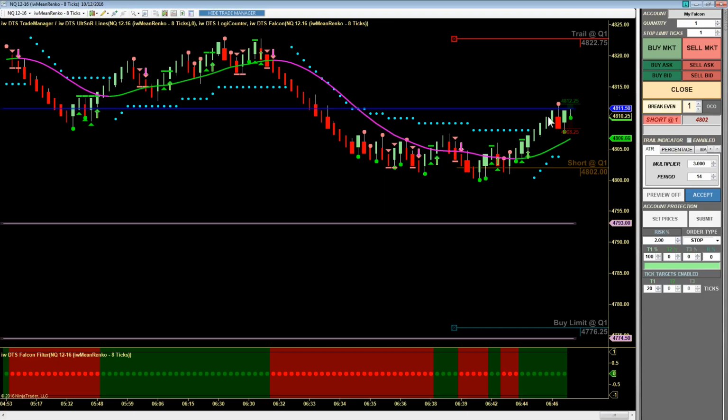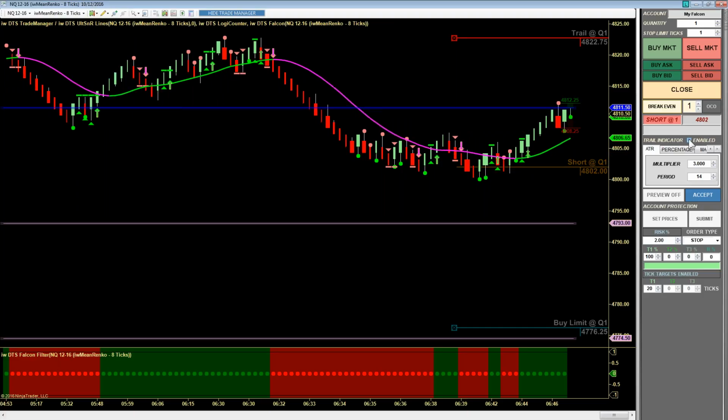All right, well, we're getting a trend change signal now to the upside. Just the warning dots. The buyers looking like they're going to make a push.